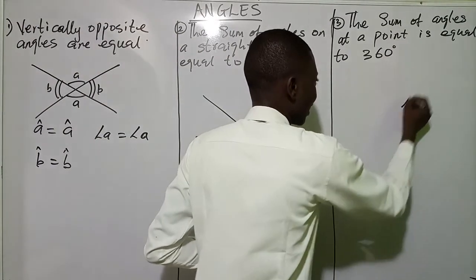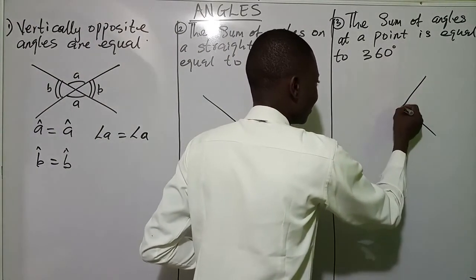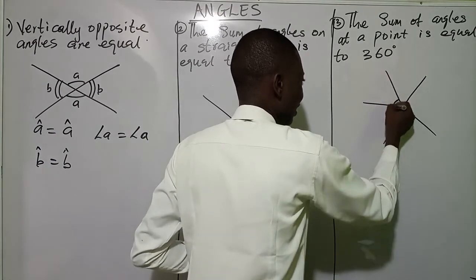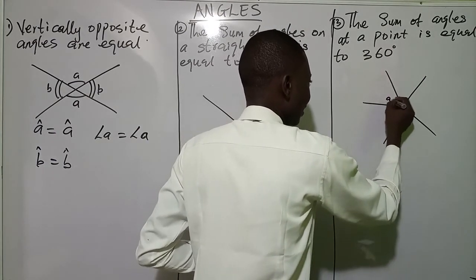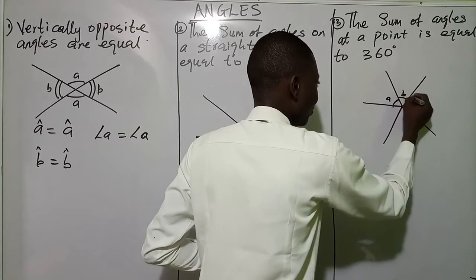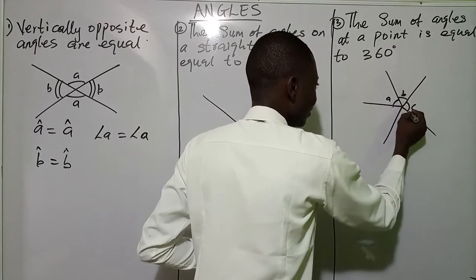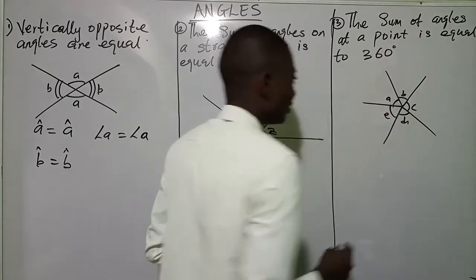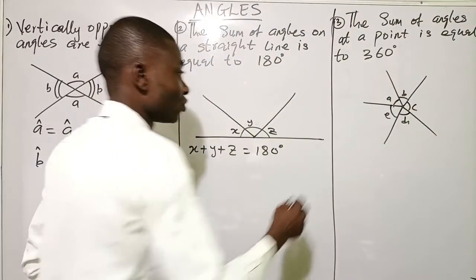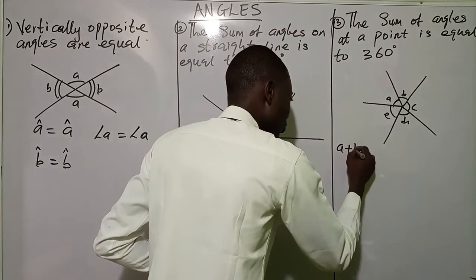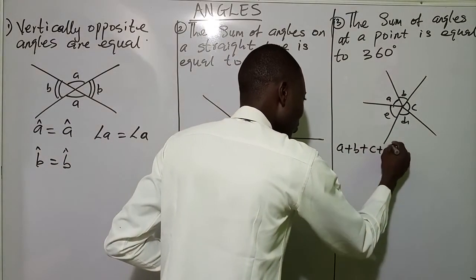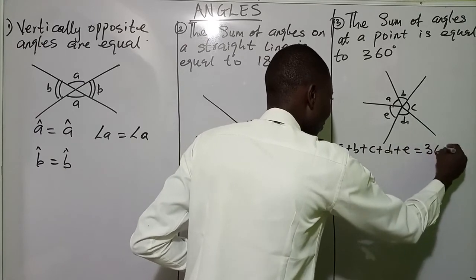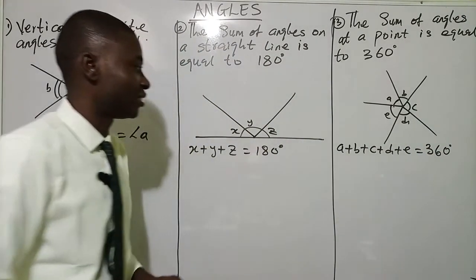For instance, at this point, I have this, this, and then maybe this. Each of these is an angle. Let's say they are A, B, C, D, and then E. The law states that A plus B plus C plus D plus E is equal to 360 degrees.